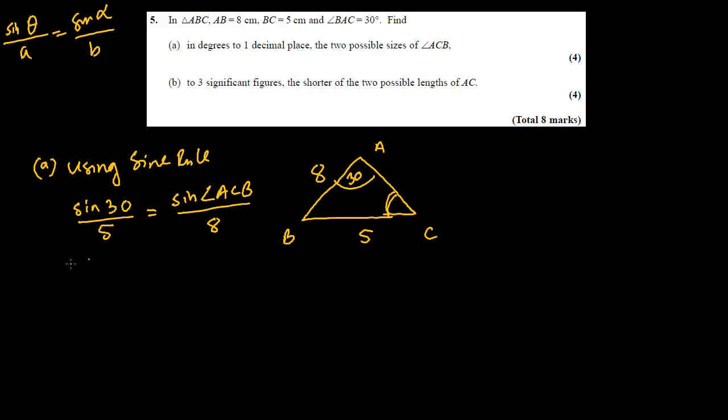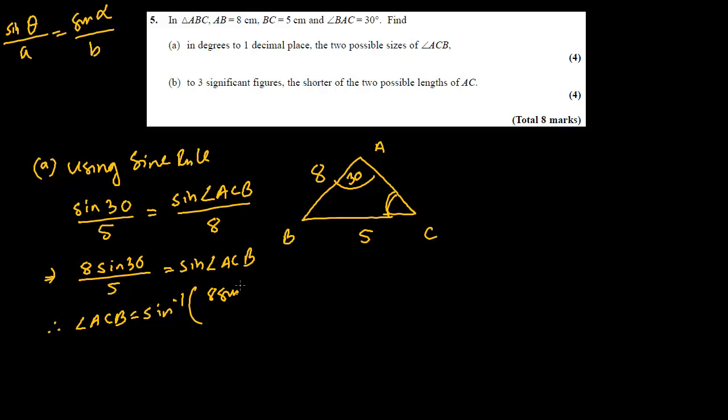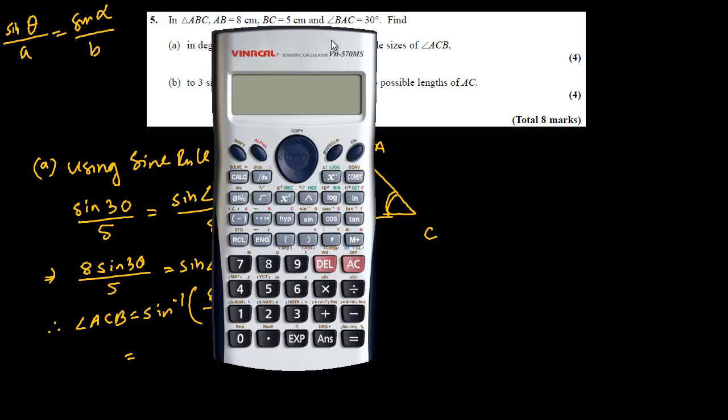Divided by 8. So now all we have to do is use the calculator. To cross multiply, it would be 8 sine 30 divided by 5 equals sine angle ACB. Therefore, angle ACB would be sine inverse of 8 sine 30 divided by 5. So let's use the calculator.